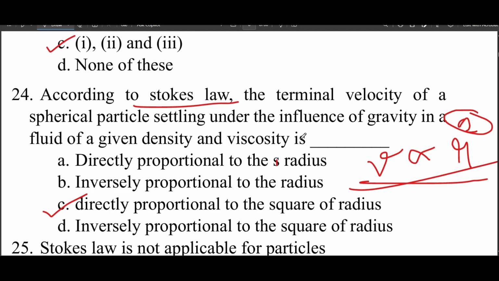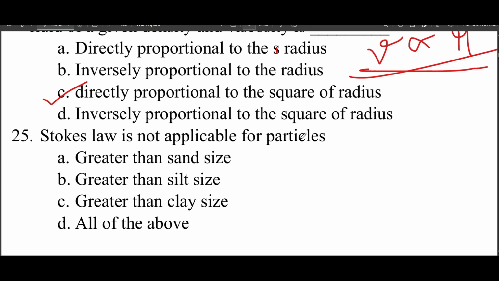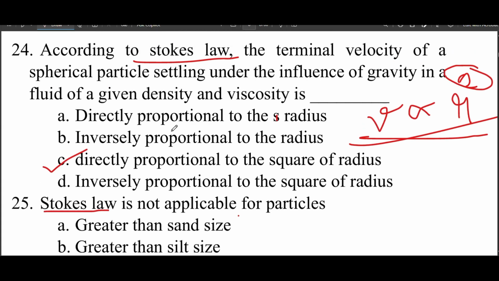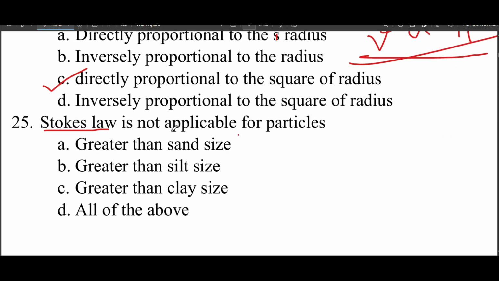The next question: Stokes law is not applicable for particles. Options: greater than sand size, greater than silt size, greater than clay size, D, all of the above. We know that Stokes law velocity is directly proportional to r square, but which particles is it not applicable to?